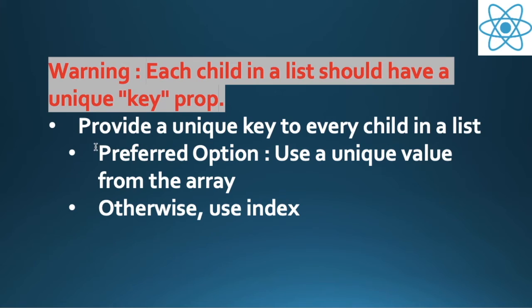This warning comes because React expects us to provide a unique key to every child in a list. So whenever in JSX we are using a map function to render an array and we are creating multiple children, we should provide a unique key to it. The preferred option is to use a unique value from the array, one that we are aware of.